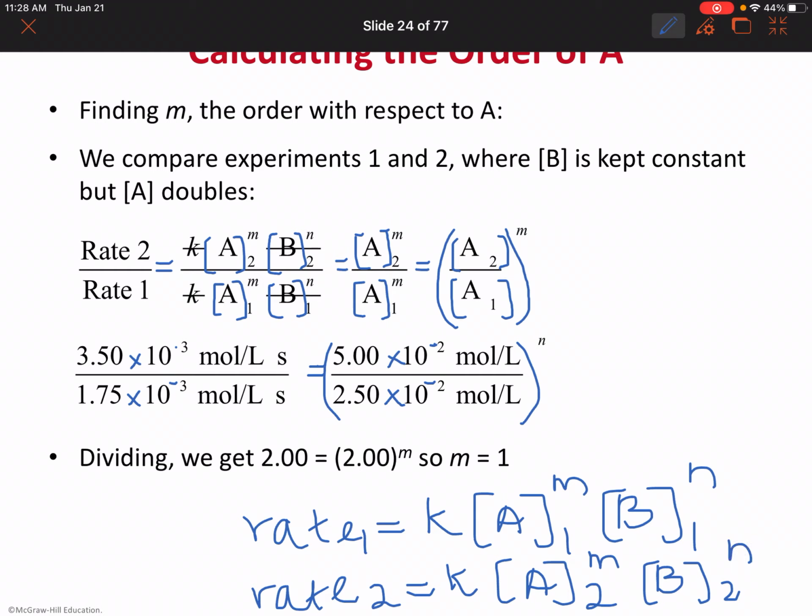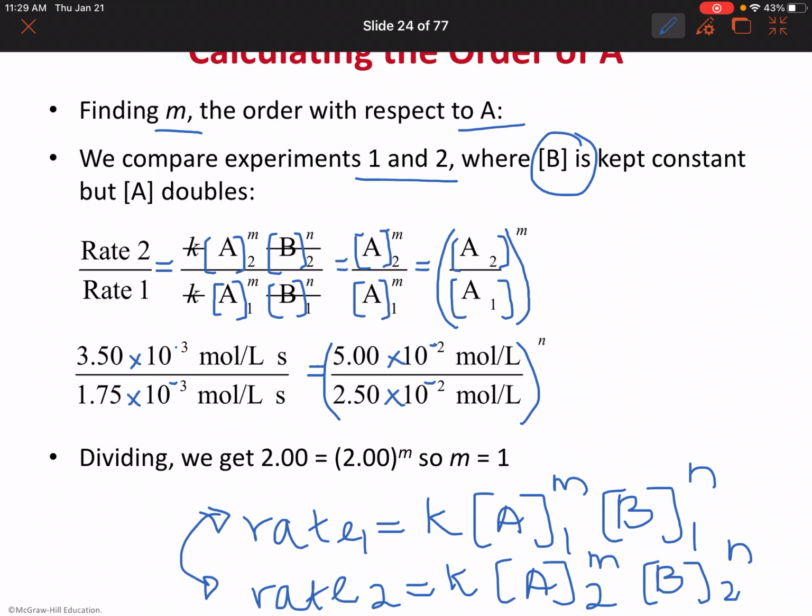Likewise, for all 4 different reactions, we can write rate terms. And then we choose 2. To find out m, the order with respect to A, we compare experiments 1 and 2, because remember, in 1 and 2 we kept B constant. Now what we're going to do is use these 2 and divide them.